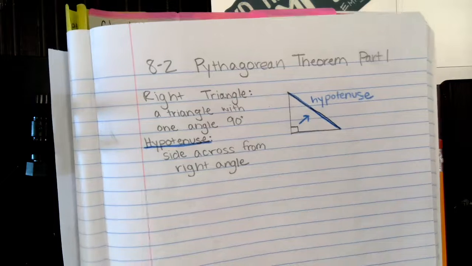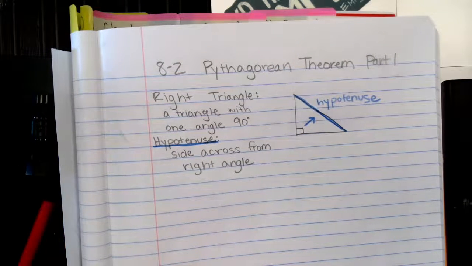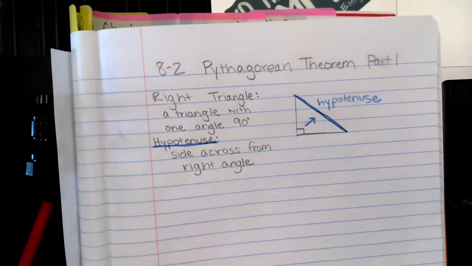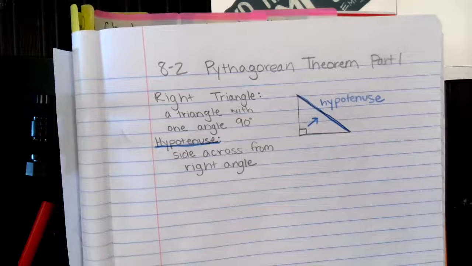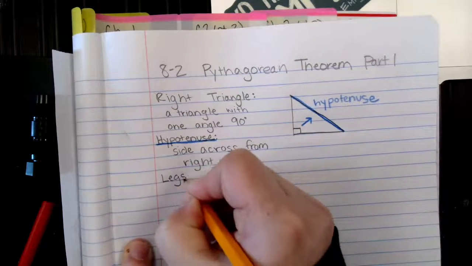Okay, the other sides are called legs. And the legs are the two sides that create the 90.